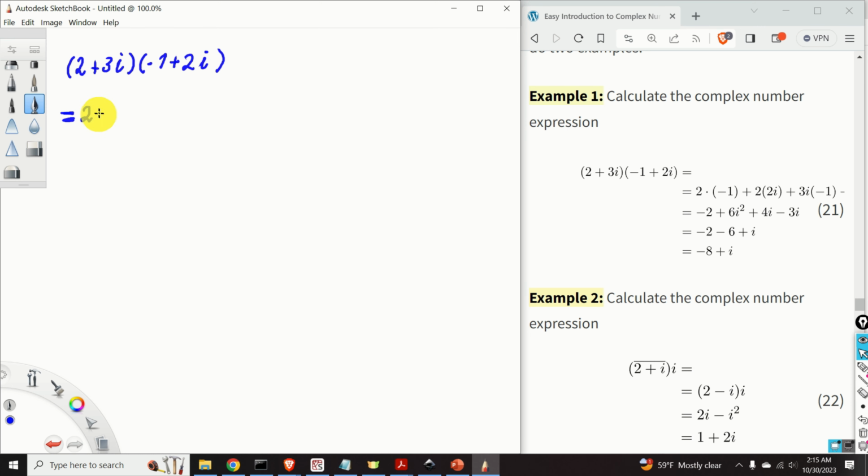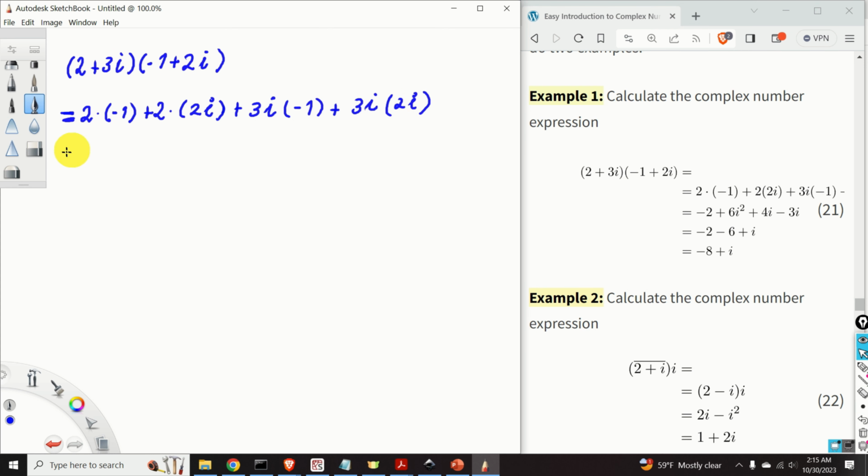Consequently, we will have 2 multiplying minus 1, then plus 2 multiplying 2i, then plus 3i multiplying minus 1, plus 3i multiplying 2i.